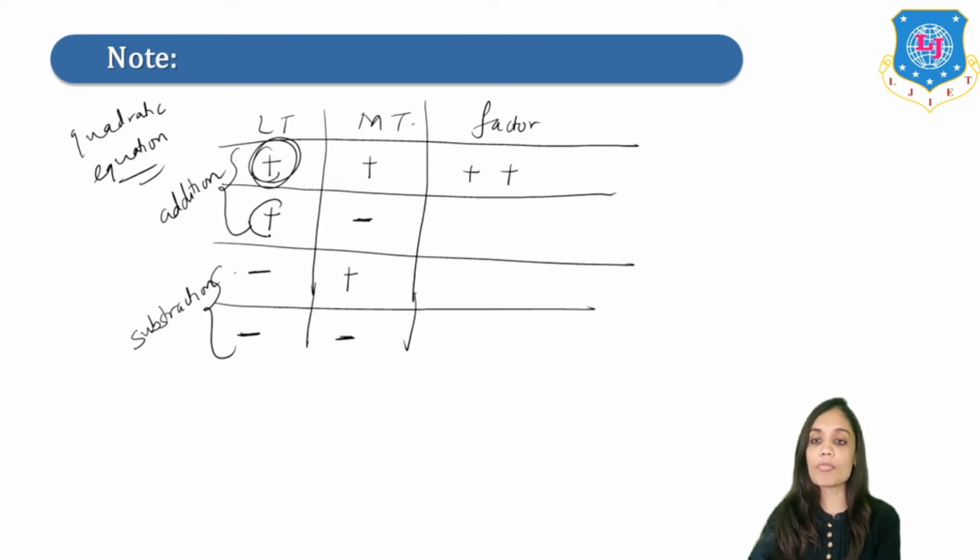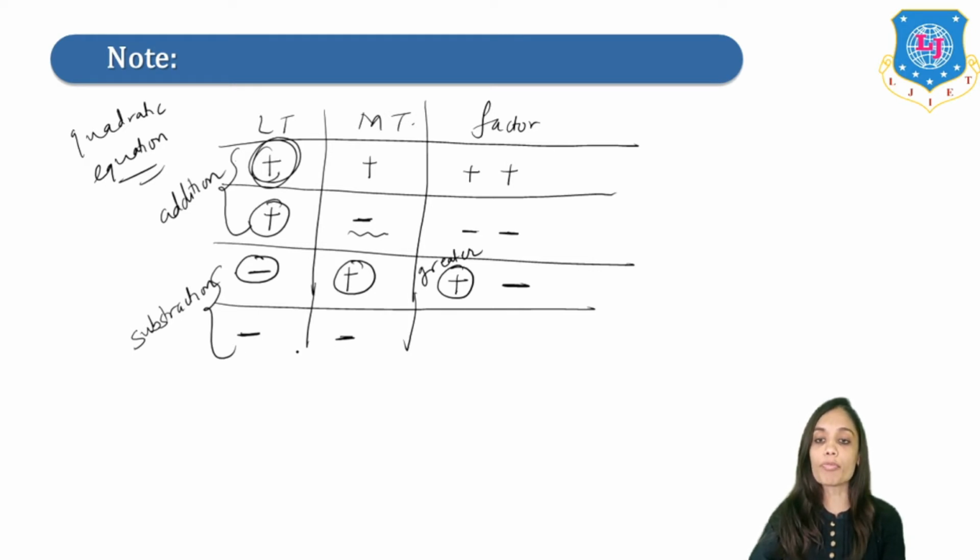If we have last term sign as plus and middle term sign as minus, we will have minus minus. If the sign of the last term is minus and the middle term sign is plus, then the factors will be plus and minus, and the plus sign will go to the greater factor. Similarly, if both signs are minus, we will have minus and plus as our factors, and the minus sign will be given to the greater factor.